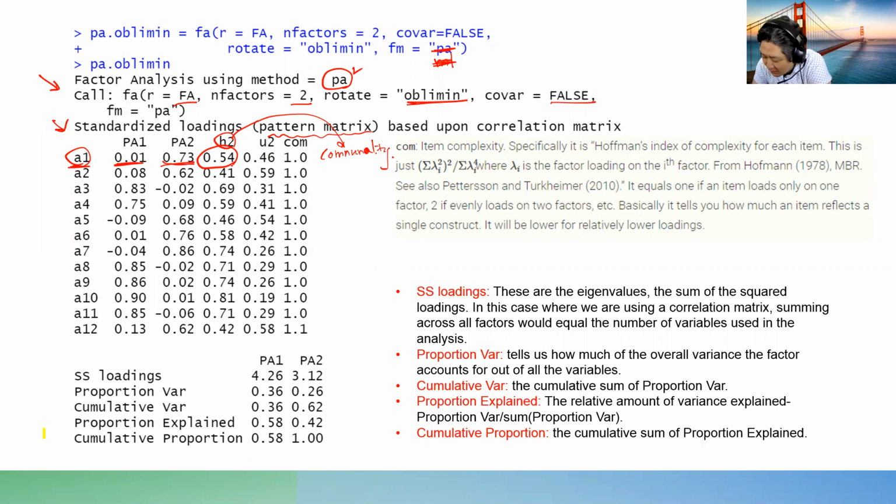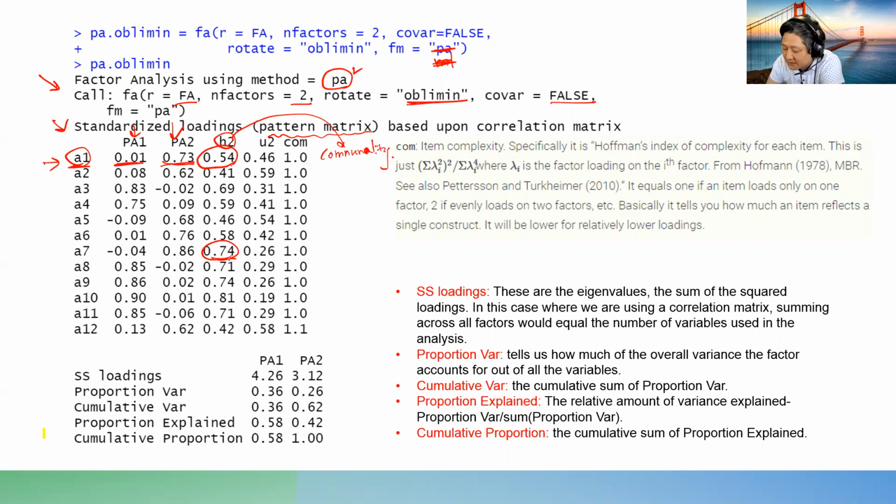Okay, so communality is 0.54. So how can we interpret it? 54% of the first variable is explained by these 2 factors. And what about this?